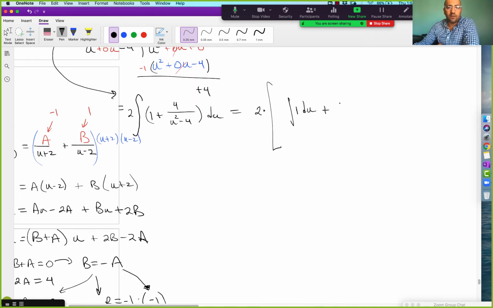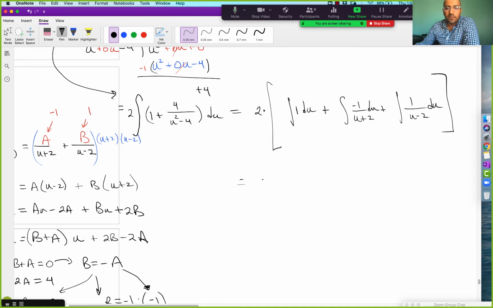So that's that whole thing. The second integral is going to be the integral of negative 1 over u plus 2, plus the integral of 1 over u minus 2, du. Good.